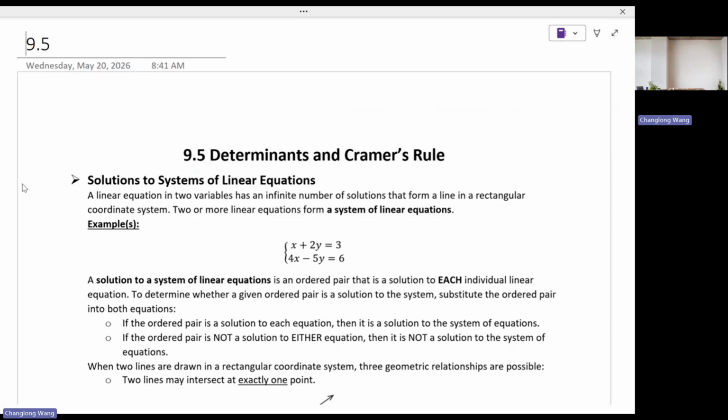Even though I was using a system of two equations as an example, those terminologies are the same whichever system you're looking at. You can have as many equations as possible. It's just that they have to be linear.